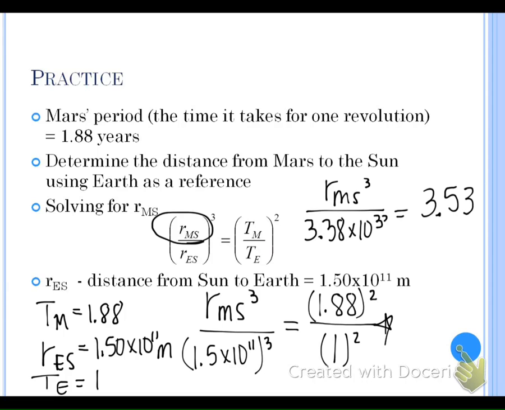Now we need to multiply by this term right here on both sides. So we need to take 3.53 times this number to get r sub ms cubed by itself.